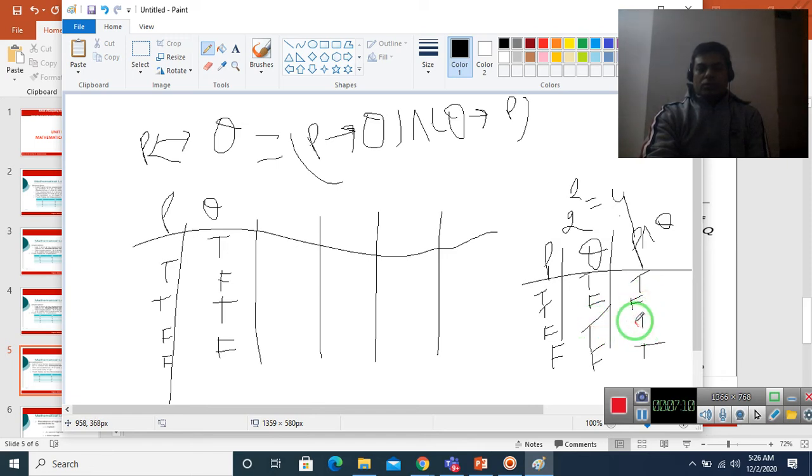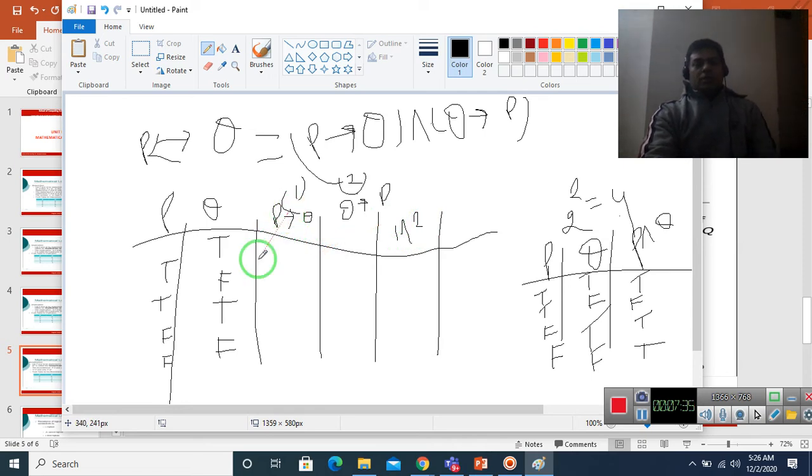If it is true, the result will be true. So first of all we have to find P conditional Q, after that we have to find Q conditional P. If we call this the first column and this the second column, then we should find the conjunction of 1 and 2. The P conditional Q means that if both are true, the result will be true, both are false, again the result will be true, otherwise it will depend on Q.